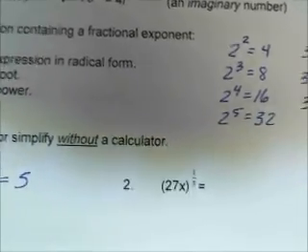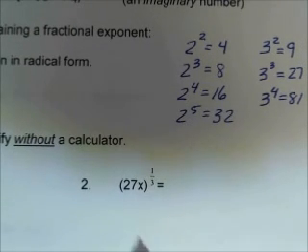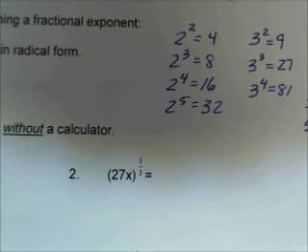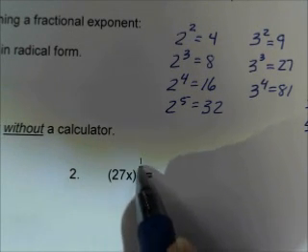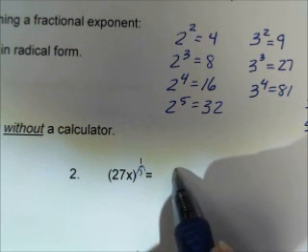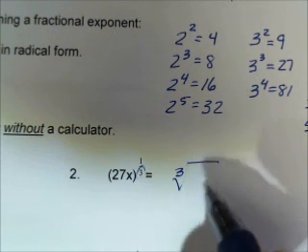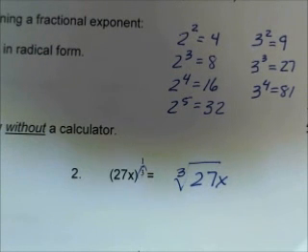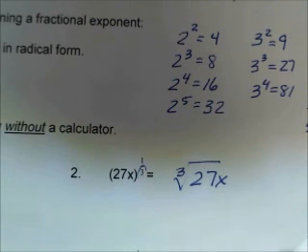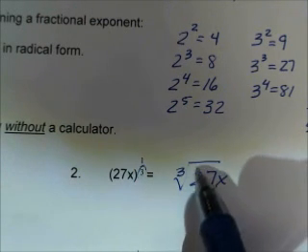Number 2, 27x raised to the 1/3 power. Okay, so the denominator here is the root, so that means the cube root of 27x raised to the first power. 27 is a perfect cube.